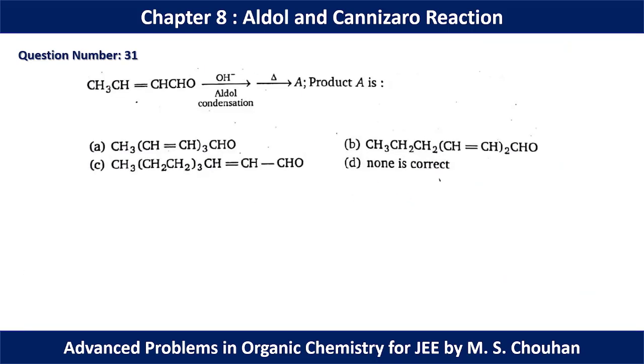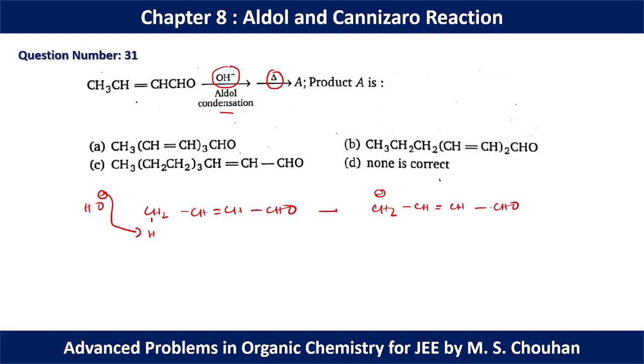In question number 31, we have CH2CH double bond CH-CHO along with the OH minus, and it is the aldol condensation reaction, and after that we have added heat. So initially we can start with this molecule CH double bond CH, and the added base can abstract this hydrogen, so we will get CH2 minus CH double bond CHO.